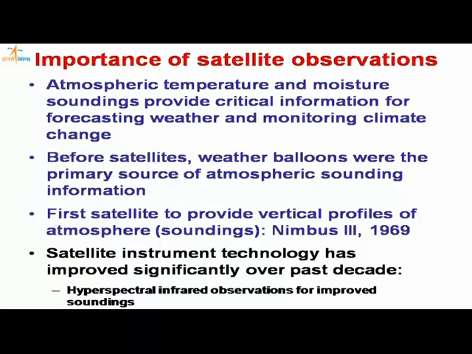Before the satellite era, the temperature and humidity profile, that is the water vapor profile in the atmosphere, was obtained using weather balloons. If you have visited a meteorological observatory, you must have seen that they launch a huge balloon filled with gases, and when the balloon rises up in the atmosphere, it is fitted with an instrument which records temperature and humidity at various atmospheric levels and then transmits it back to the ground station.